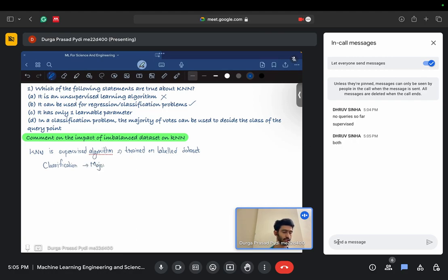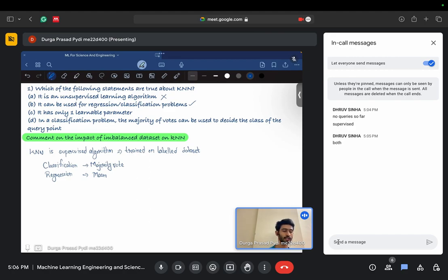Out of your k nearest neighbors, you check how many of the votes are for a particular class and which one is the maximum, and you take that one. That is the majority vote you use for classification. In case of regression, you will just take the mean value of the nearest ones, and that should give you the output for a regression problem.